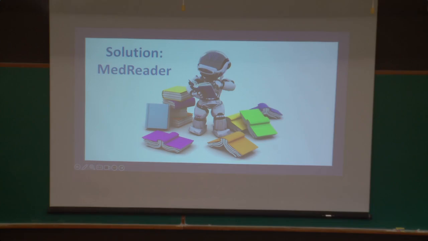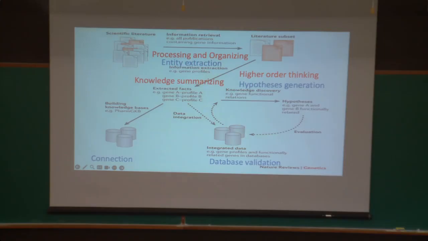Our solution is MyReader. MyReader is essentially an automatic learner, which mimics the human learning process. The human learning process can be categorized into 3 steps. The first step is processing and organizing information.